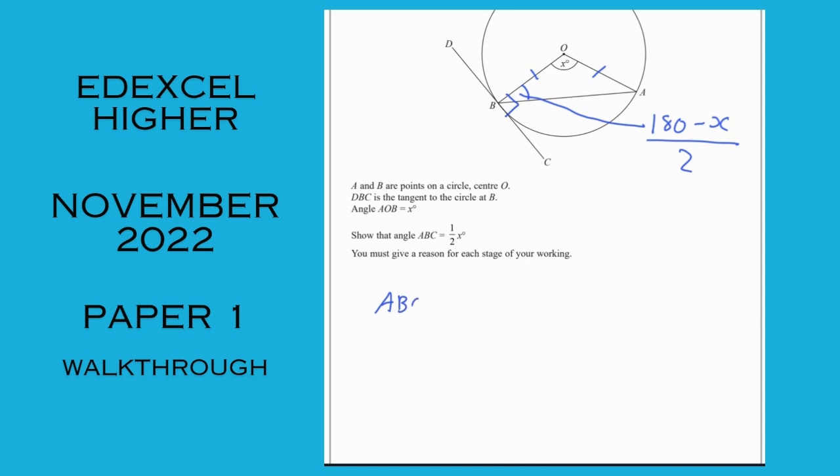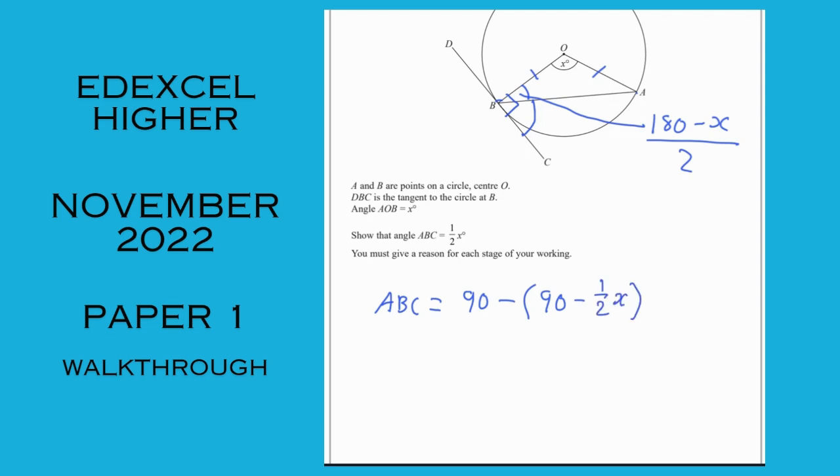Angle ABC is, as you can see here, go from A to B to C. It's that. In other words, it's the 90 I've just waffled about, minus, and let's just simplify this, 180 over 2 is 90, minus a half x.